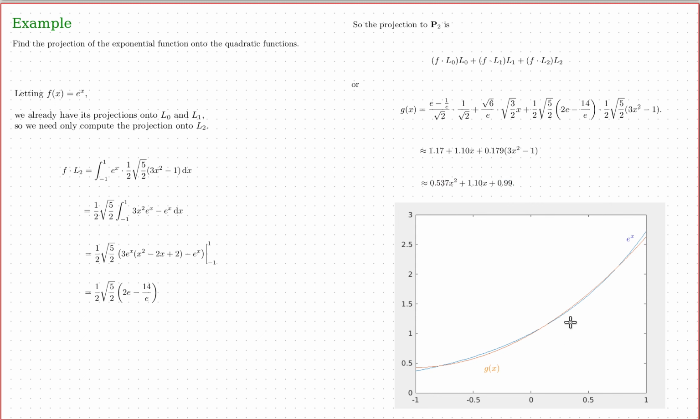You really need all those qualifiers in there. This would not necessarily be a good approximation on any other interval, and it's not necessarily the best approximation in the sense of L infinity, in the sense of minimizing the worst case error. Remember that with the L2 error, you're trying to minimize the total error at all places, and you're not necessarily minimizing the worst case error.